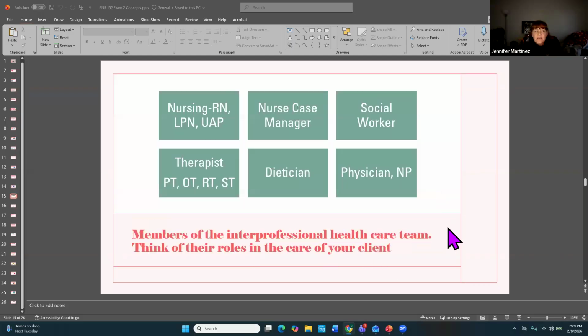Members of the interdisciplinary healthcare team include the nurses, which are your RNs, LPNs, UAPs, your care managers, social workers, therapists, PT, OT, speech, your dietitian, physicians, nurse practitioners, physician's assistants, a variety of different members of that team.